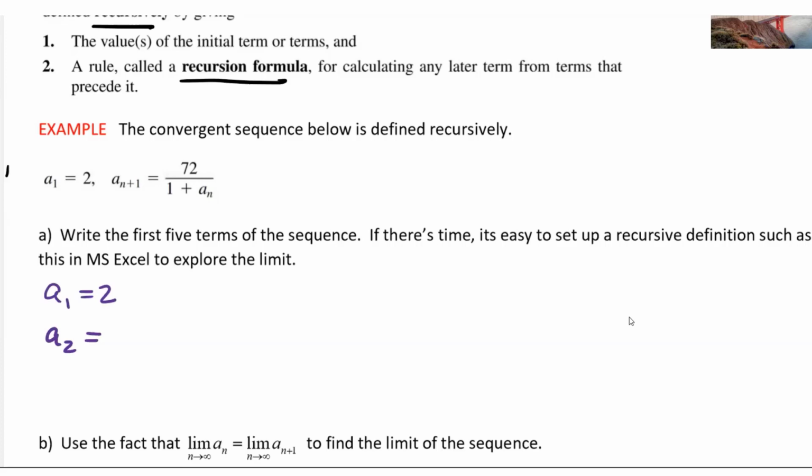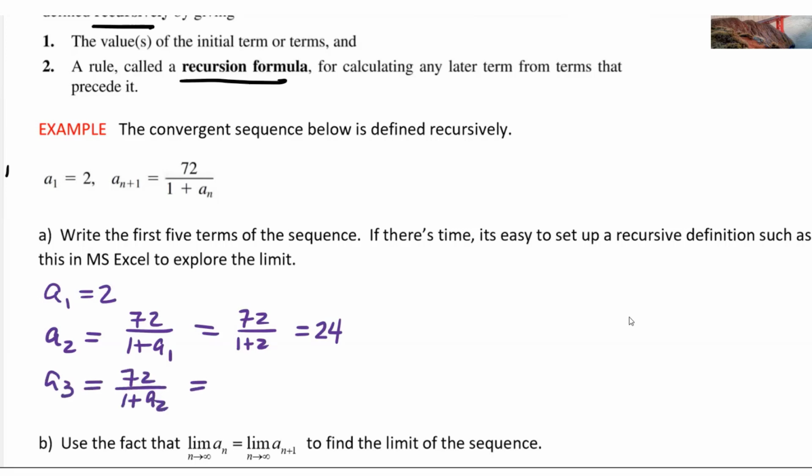A sub 2 is going to be 72 over 1 plus a sub 1, which is 72 over 1 plus 2, which is 72 divided by 3, which is 24. Then a sub 3 would be 72 over 1 plus a sub 2, so 72 over 1 plus 24, which is 72 25ths.